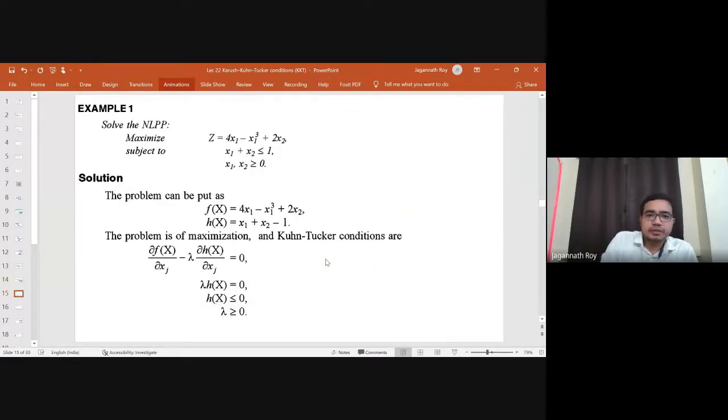Okay, so if you consider this problem, z equals to this one, and subject to the constraint, only one constraint is given. This is f(x). Then this is h(x).